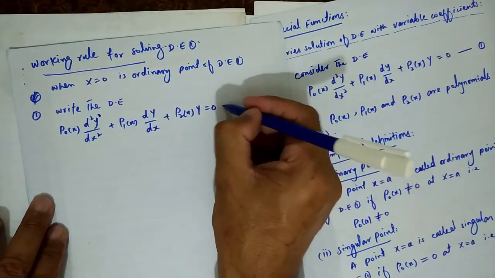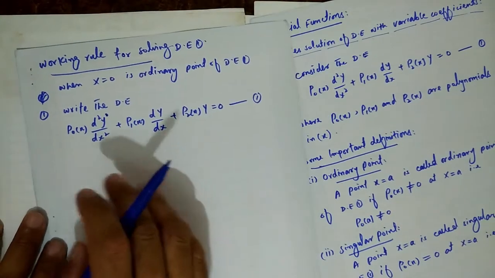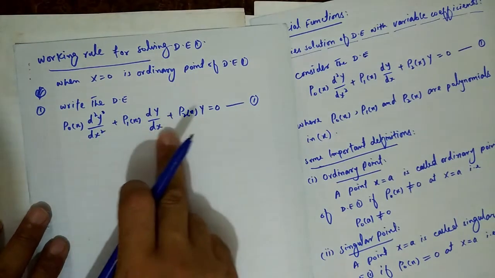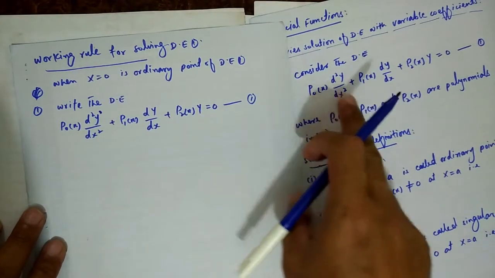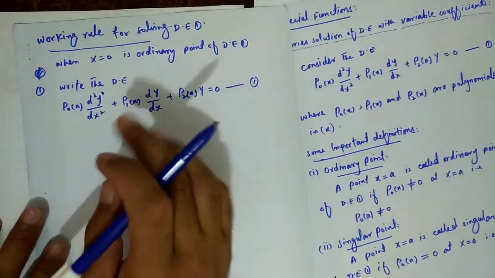Let this be equation number 1. Clear? First of all, we should write the given differential equation. Here we are given this differential equation, so we have to write it.